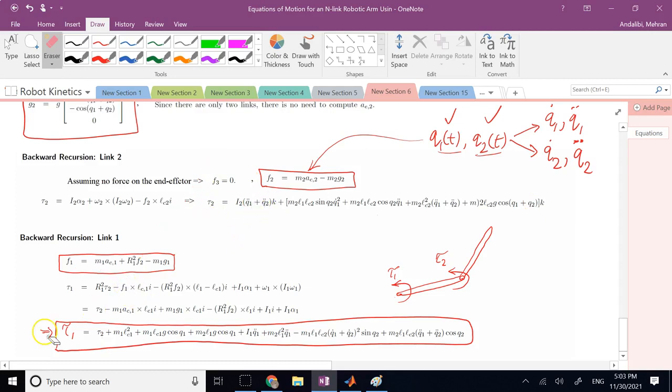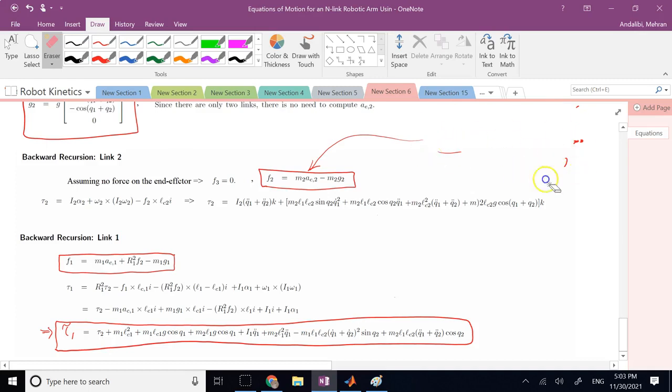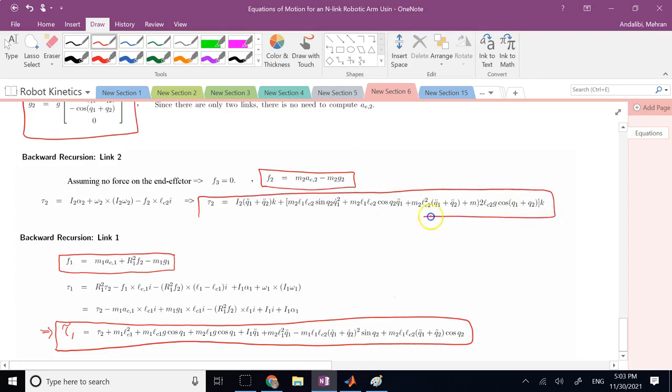Okay, so here I have all of these equations, and that means I can now simulate the behavior of the system and find all of the reaction forces. So let me just put them all in some boxes for you: F2, tau 2, F1, tau 1.